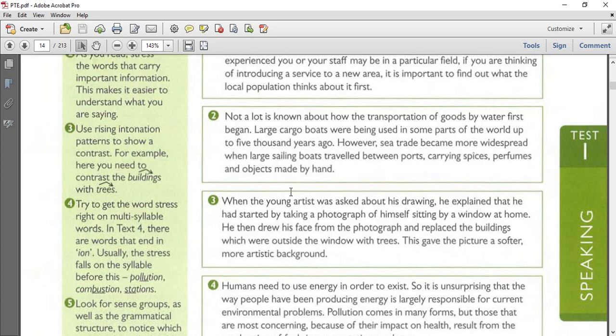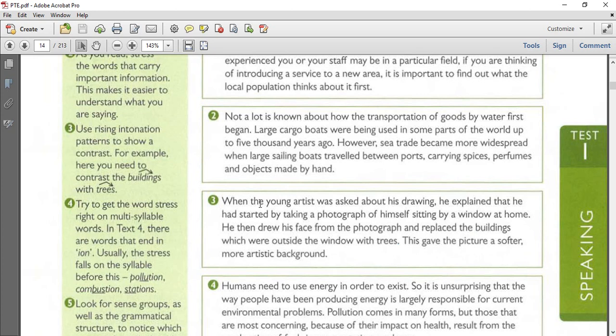So do you think that I made a mistake for this paragraph? Well, I think so, because I did not show any rising intonation on the word buildings, which is the object that we are going to compare with another object, the trees. So now let's start again.